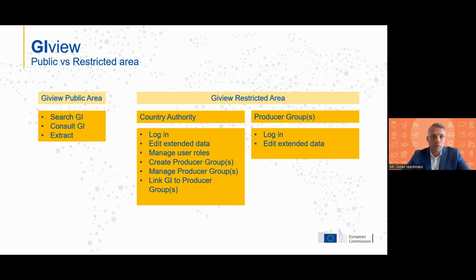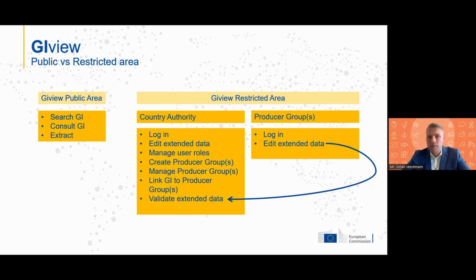Once these producer groups have been added to those GIs, producer groups can then, on their side, log in and add extended data. That data added by producer groups will then be validated by the country authority before being published in GIview.